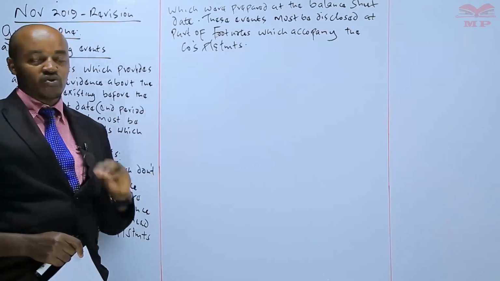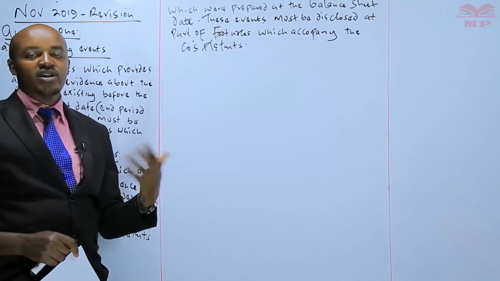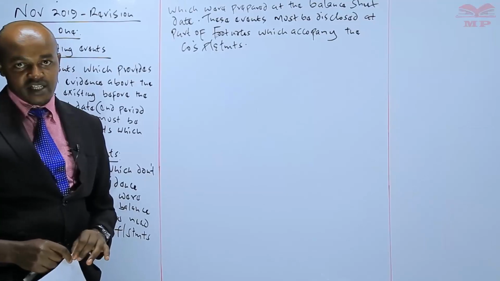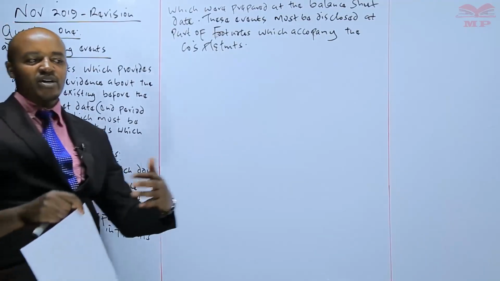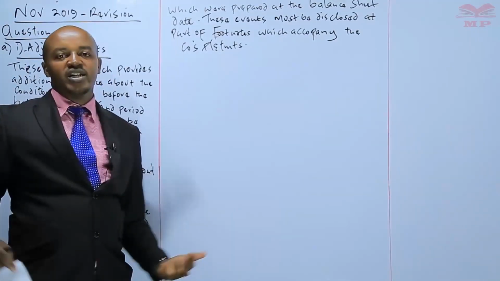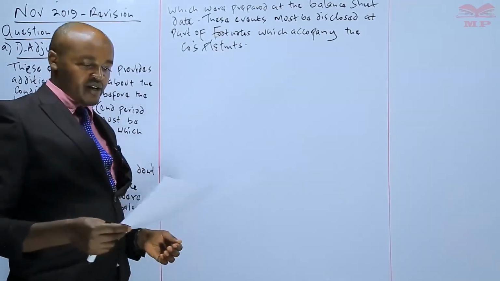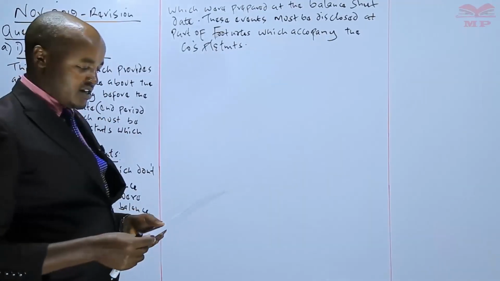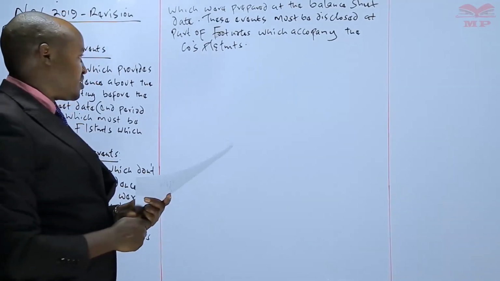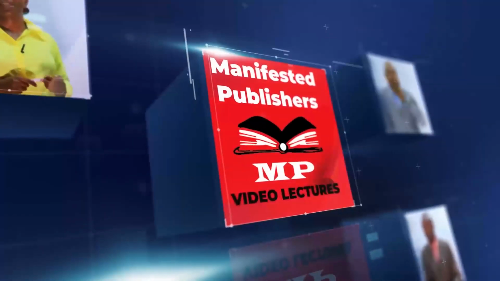They just need to be disclosed as part of the footnotes which accompany the audited financial statements, for them to be brought to the attention of the shareholders. So that is the difference between those two events as defined by IAS 10.